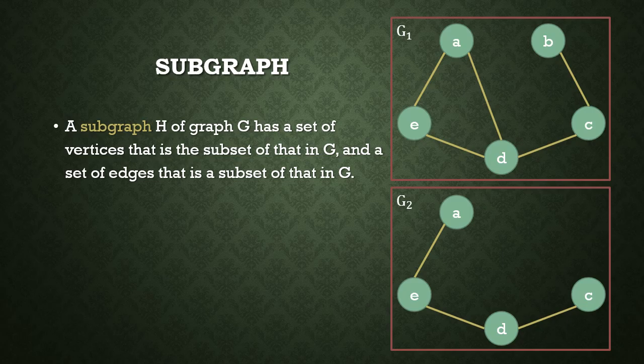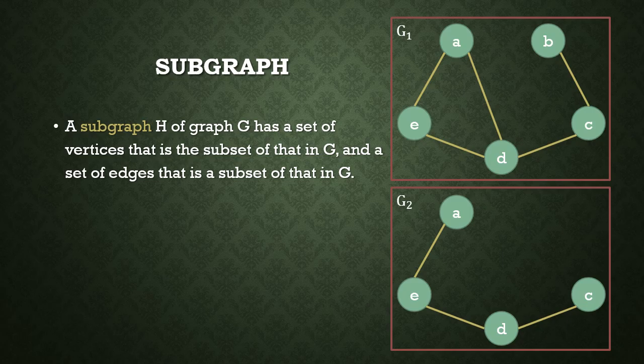All the edges that are present in G2 are also present in G1. I can say that the set of nodes in G2 is a subset of the set of nodes in G1. I can also say that the set of edges in G2 is a subset of the set of edges in G1. So this means that G2 is a subgraph of G1.